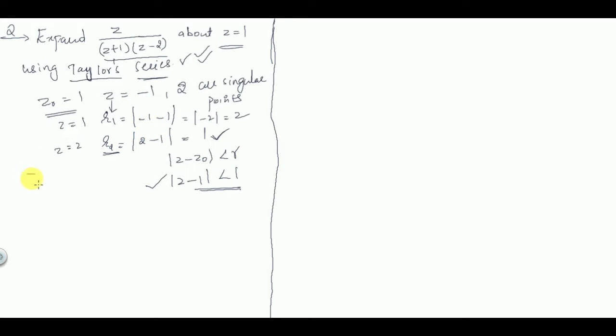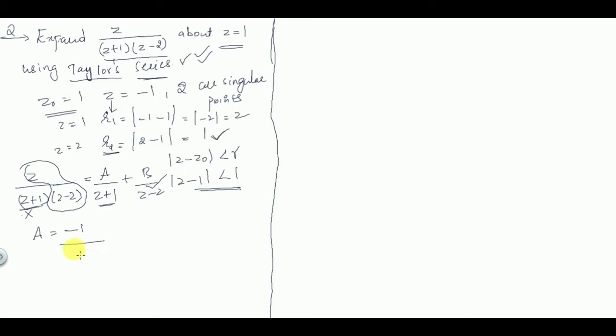Okay, so z by (z plus 1)(z minus 2): directly you can't expand this in z about z is equal to 1. So first of all we have to find the partial fractions: a by z plus 1 plus b by z minus 2. As I have told you, a is obtained by substituting z is equal to minus 1, neglecting the term z plus 1 and substituting in the remaining expression.